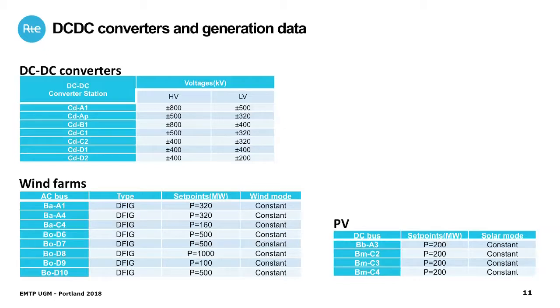And we have also many of them in V/F control connected to wind farms. And different voltage levels, of course, here. So for the AC-DC converters, you have the list of the different voltage levels that are implemented in this DC grid. The wind farms as well, connected to the AC-DC converters, and PV connection.